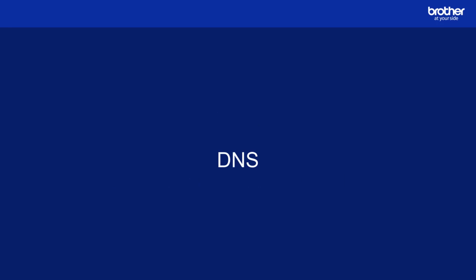If the problem isn't time related, it could be DNS. However, before changing any DNS settings, it is recommended to try using the IP address of the computer or server hosting the network folder.